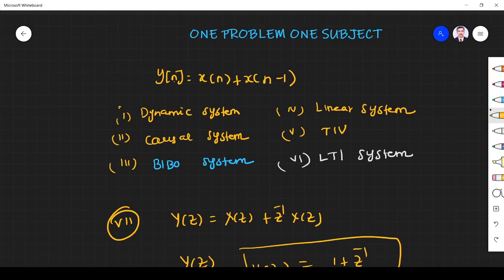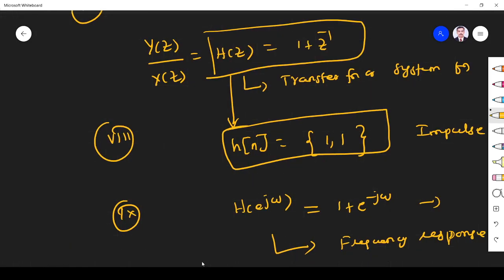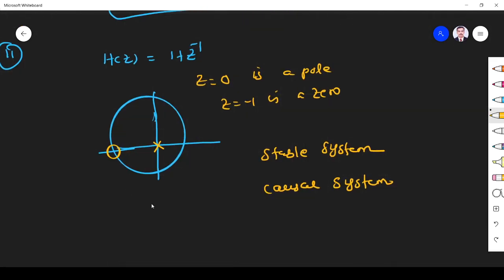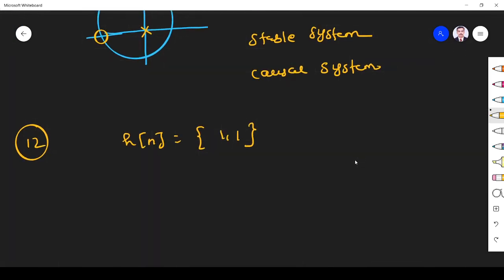Here we verified it in terms of the input-output relation. Here we verify the same stability and causality using the impulse response and transfer function. The same thing we can verify in terms of the impulse response also. We know h of n is equal to 1, 1. For a stable system, the impulse response must be absolutely summable.